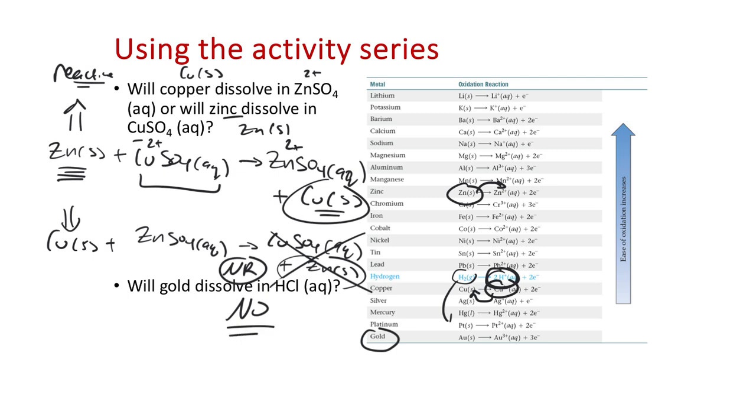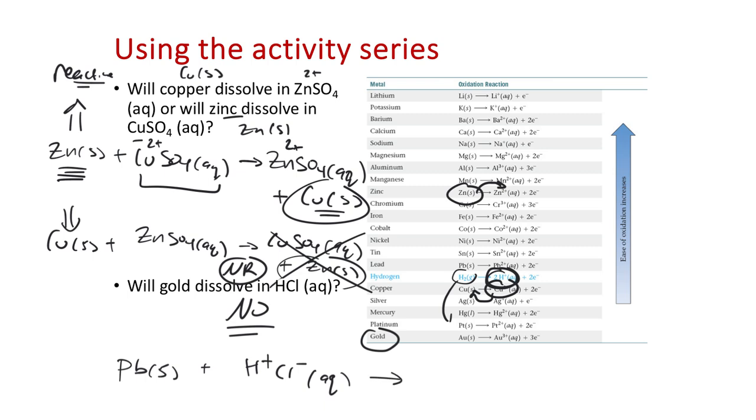I could take any metal above hydrogen on the chart. Lead's a good example. If I take lead solid into a solution of H plus, well, let's include the counter ion. I guess it doesn't really make much difference if we include it or not.